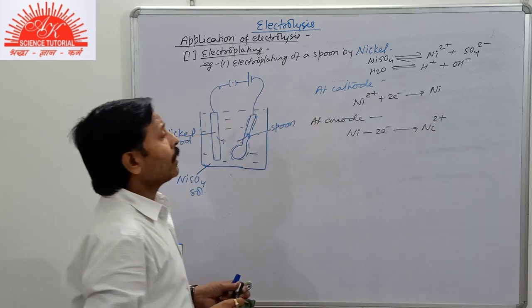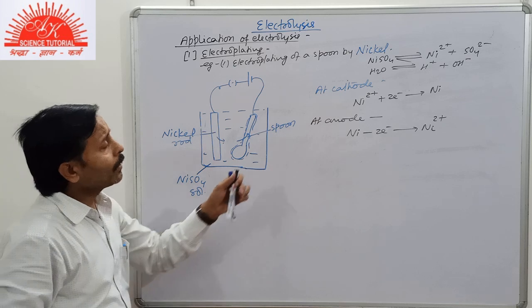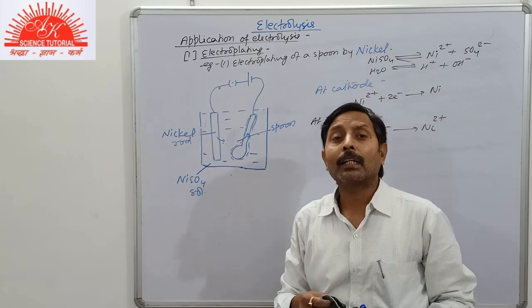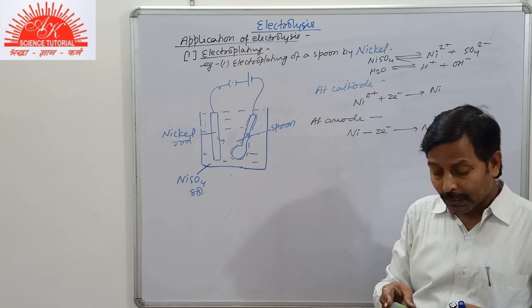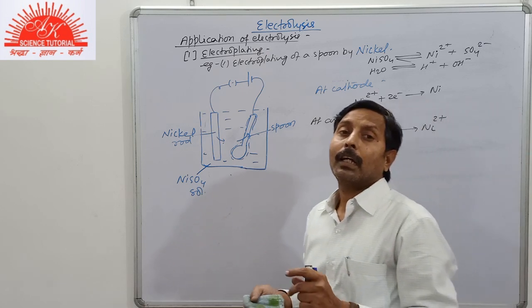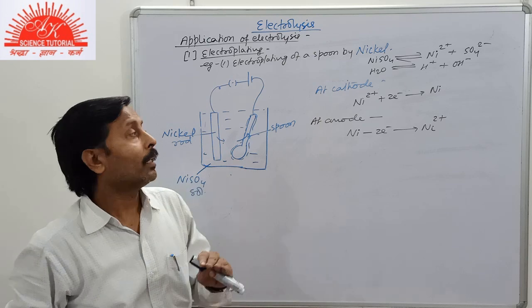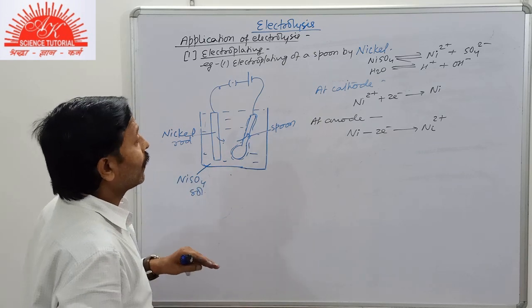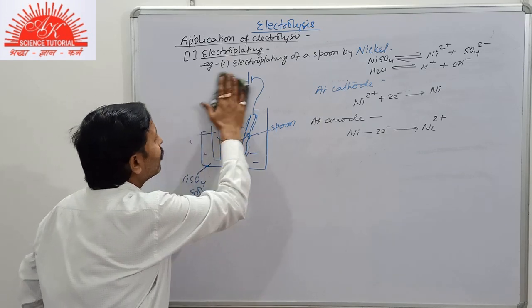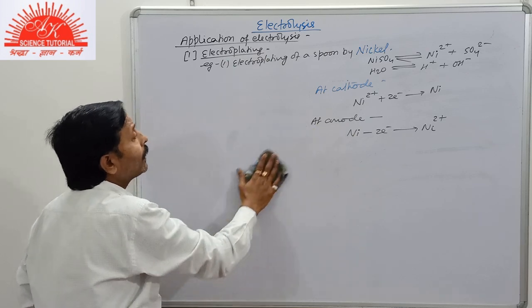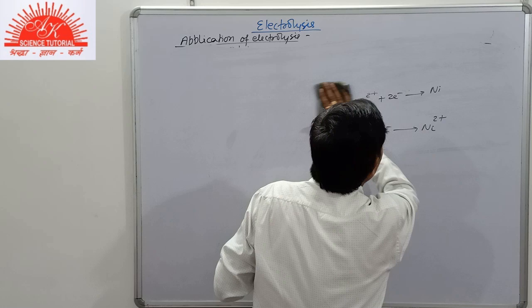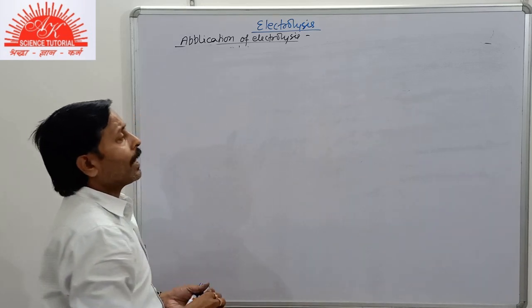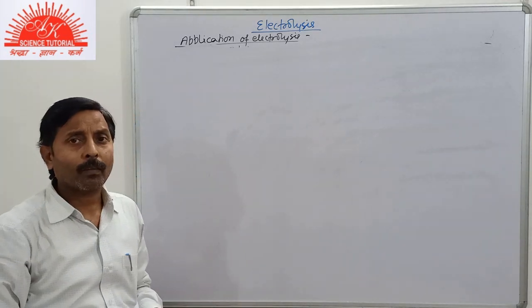So just you see that this is a simple method of writing the electrode reaction for attackable electrode. So in this way, the metal article is deposited over by superior metal, or that is less reactive metal, to prevent it from rusting, prevent it from corrosion, or to enhance its appearance or beauty.